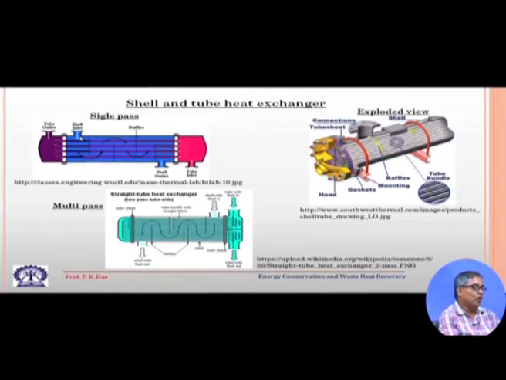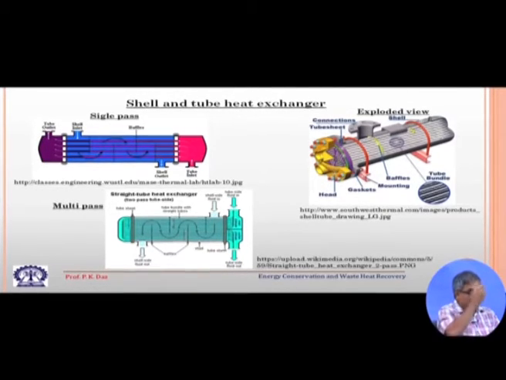The flow of the shell side fluid is now cross flow. It passes the tube in a cross flow direction. That means the tube side flow is in this direction and the shell side flow is perpendicular to that, and this cross flow arrangement gives a good amount of heat transfer between these two fluids.